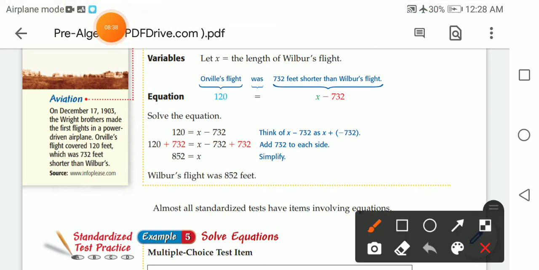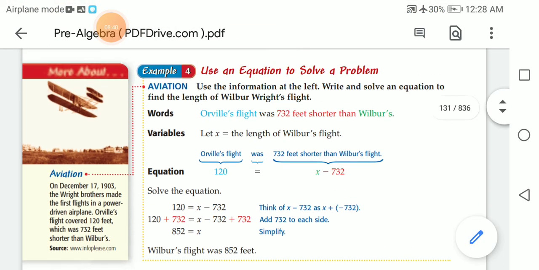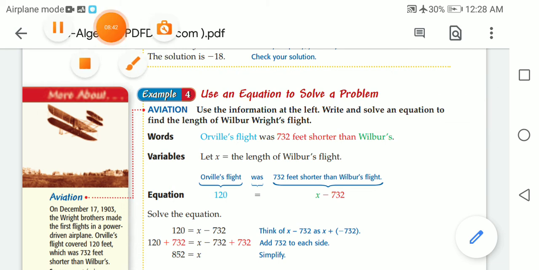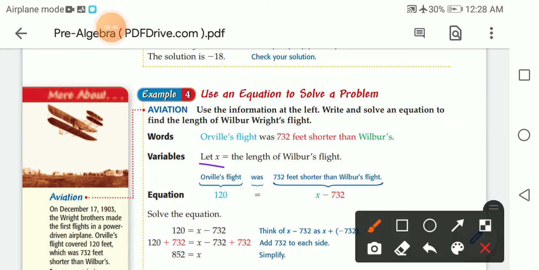Let x be the length of Wilbur's flight. Orville's flight was 732 feet shorter than Wilbur's.